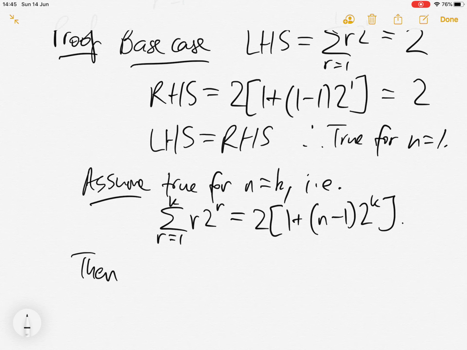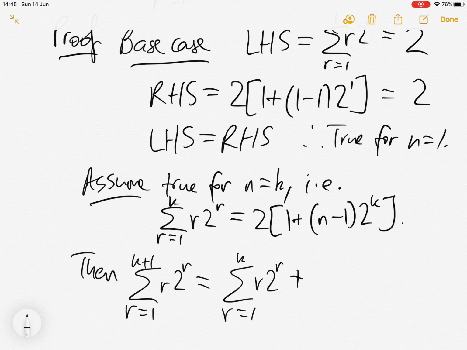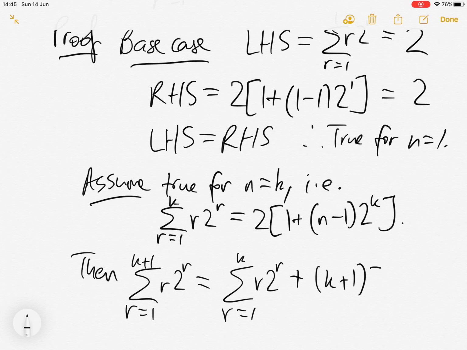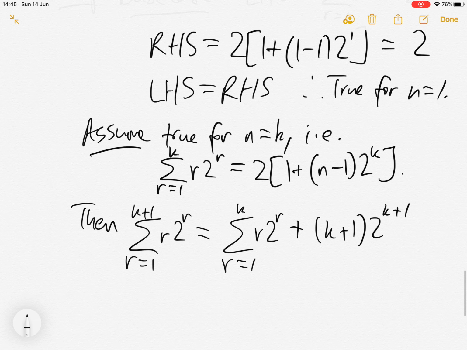So we'll look at the sum up to k plus 1, and we're going to use our assumption to split it up as the sum from r equals 1 to k, which we'll rewrite using the assumption, plus the last term, k plus 1 times 2 to the k plus 1.